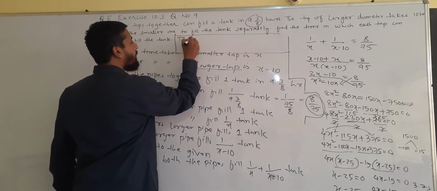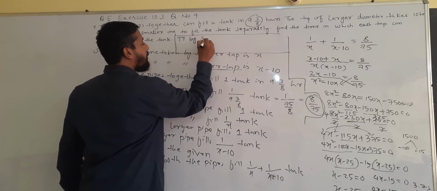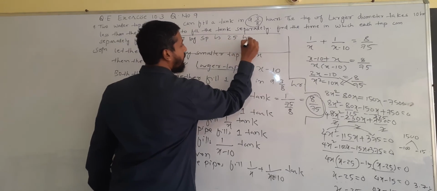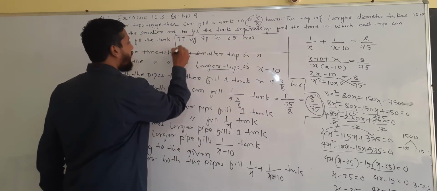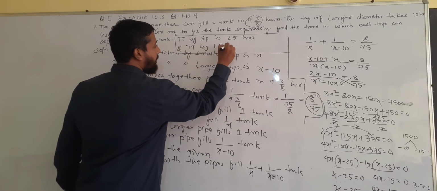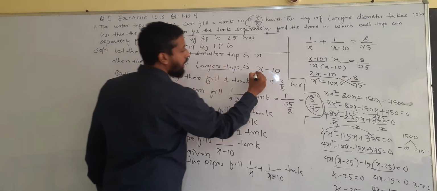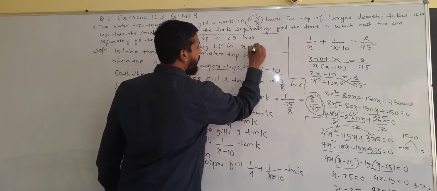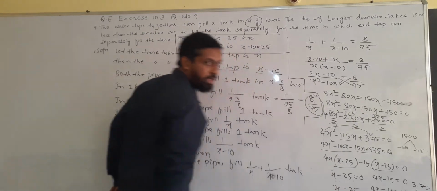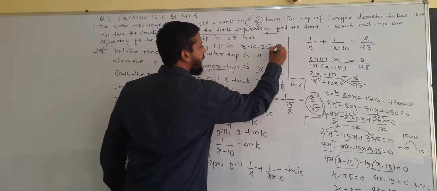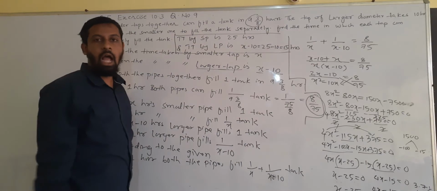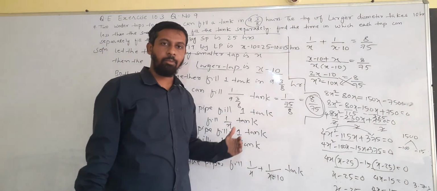Time taken by the smaller pipe is 25 hours, and time taken by the larger pipe is x minus 10. x is 25, so 25 minus 10 is equal to 15 hours. So this is how we can solve this problem.